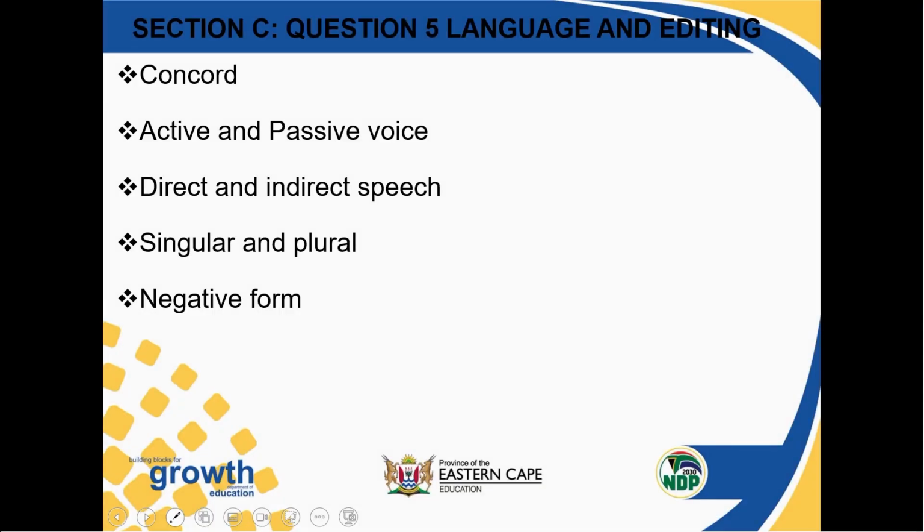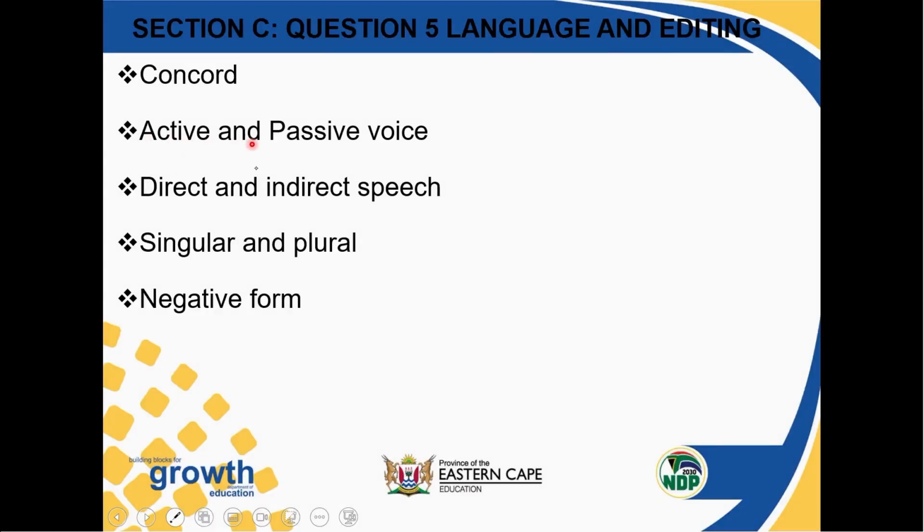Now, we say a concord is a subject-verb agreement. So there should be an agreement between the subject of the sentence and the verb. So when you are asked maybe to correct a single error, please check if there are no concord errors in that particular sentence. The subject should agree with the verb.